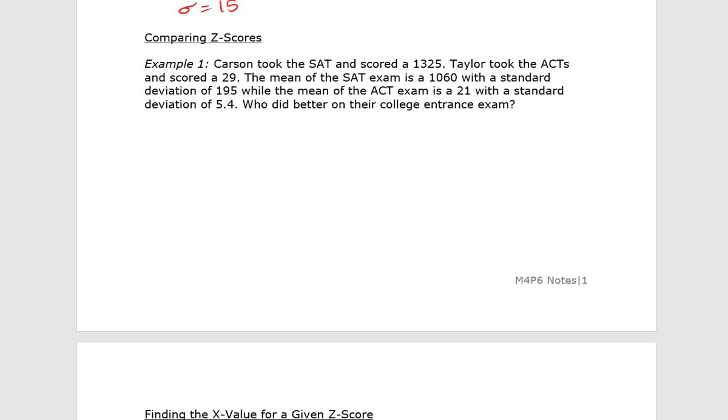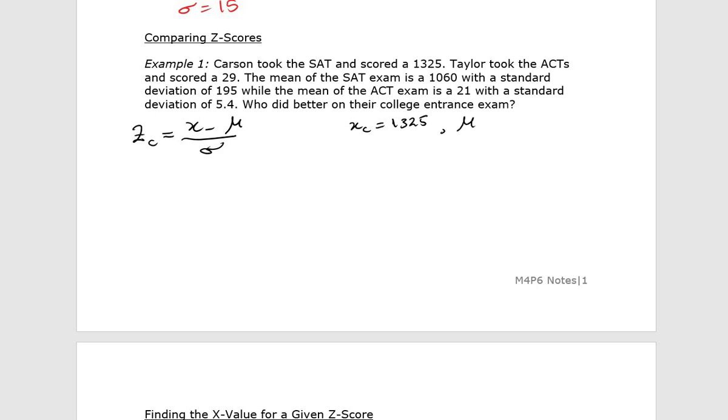So I'm going to do the math here. The z-score for Carson, or for the SAT, is equal to X minus the mean divided by the standard deviation. We know that X for Carson is 1325.